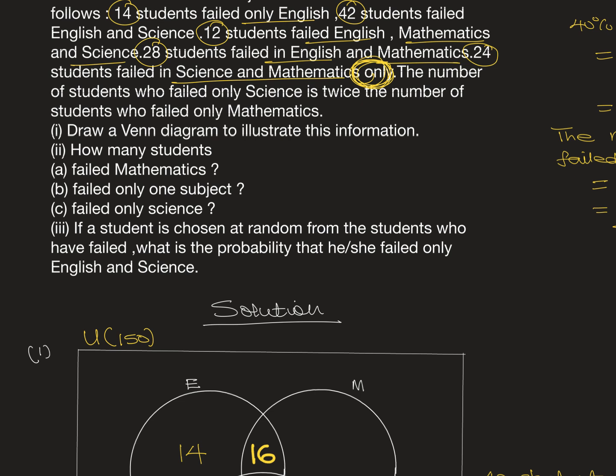Then finally, the number of students who failed only science is twice the number of students who failed only mathematics. Let's analyze that information. It says the number of students who failed only science is twice the number of students who failed only mathematics.